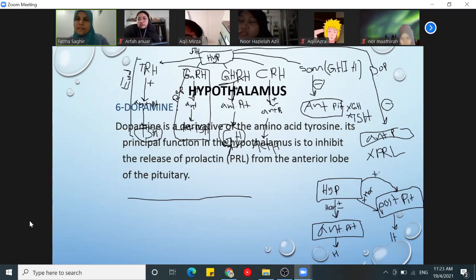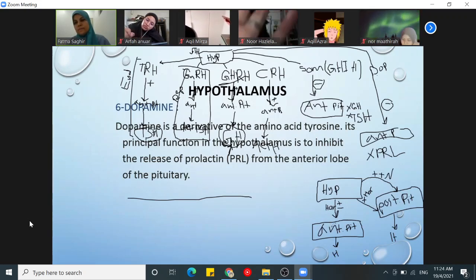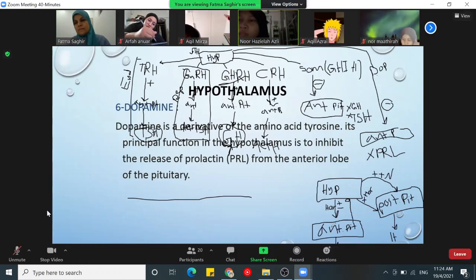So it will stimulate posterior pituitary through neurons. So there are nerves from hypothalamus to posterior pituitary. So what's the connection between hypothalamus and anterior pituitary? Blood vessels. Okay.